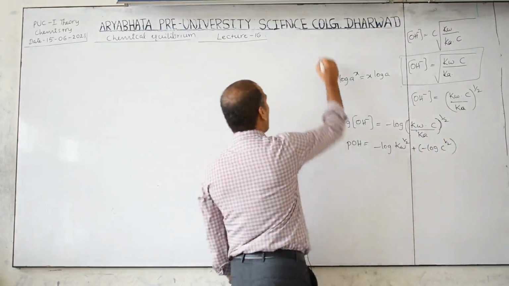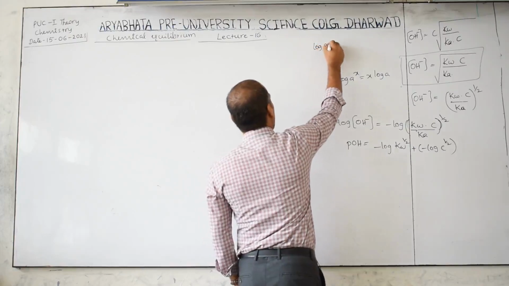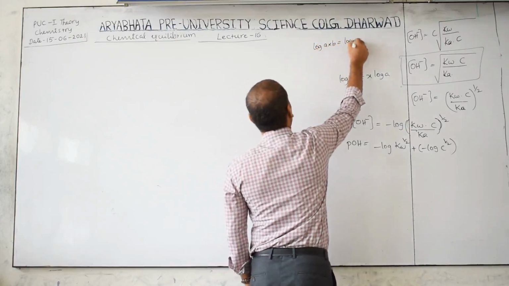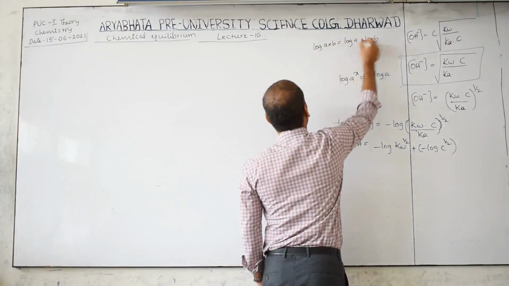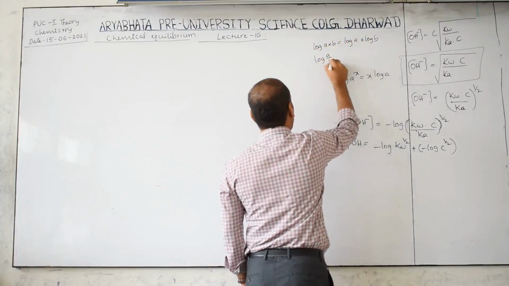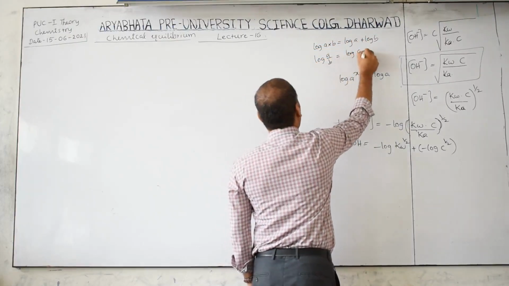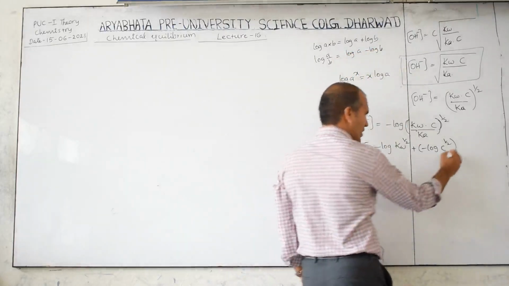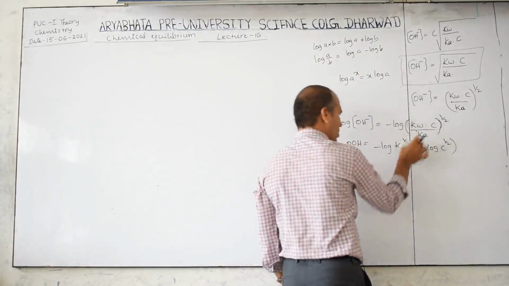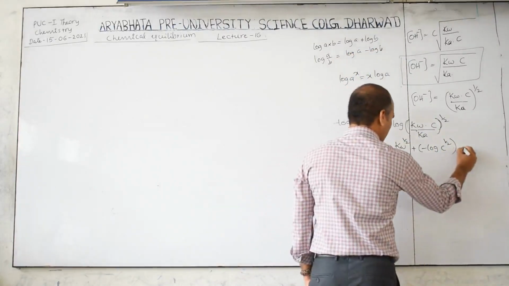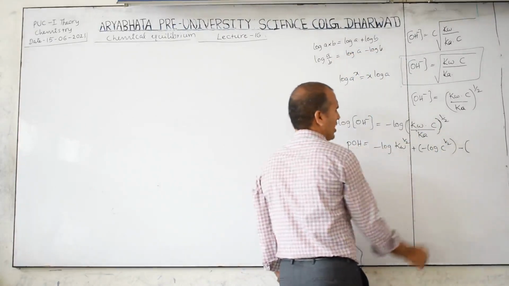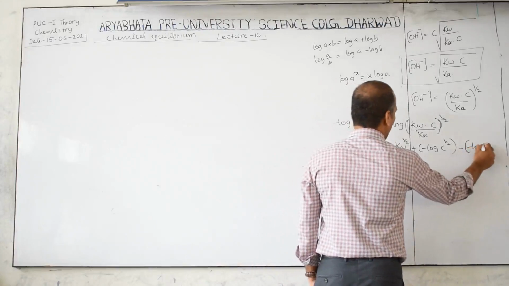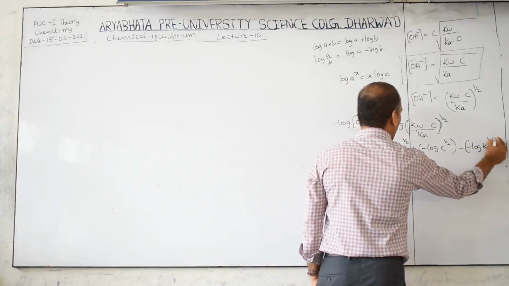Now you know that log A into B is log A plus log B. Log A by B is log A minus log B. Therefore this is numerator A, denominator B, so minus, and this can be represented as negative logarithm of Ka whole power 1 by 2.